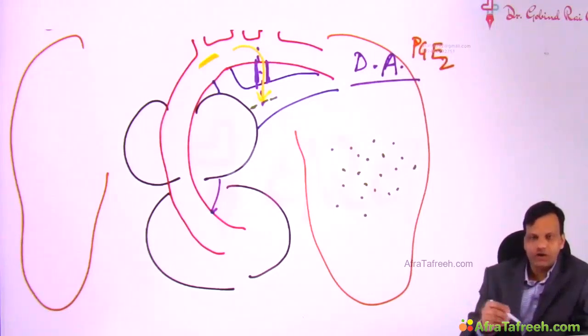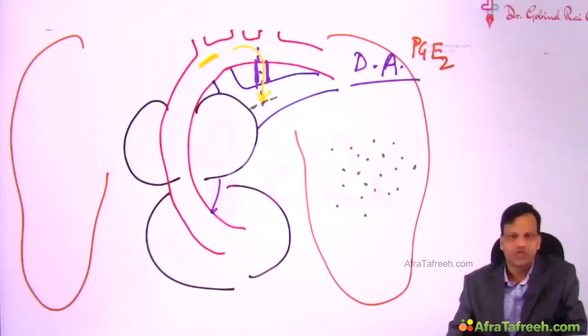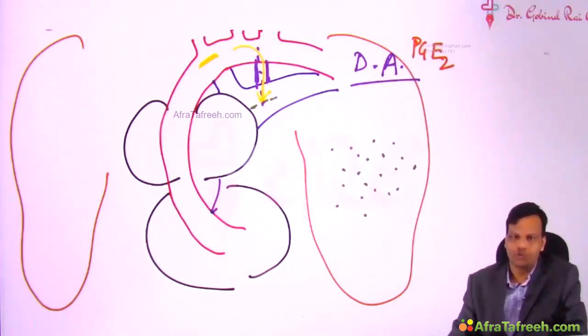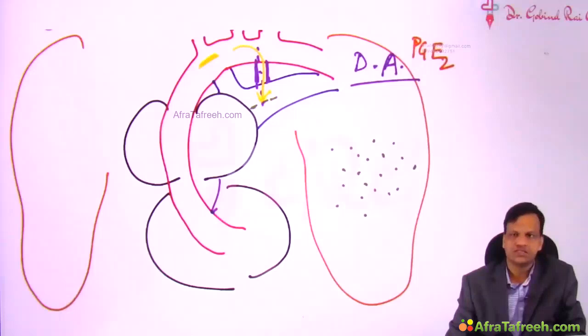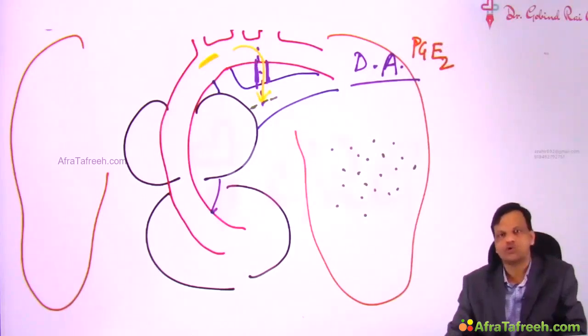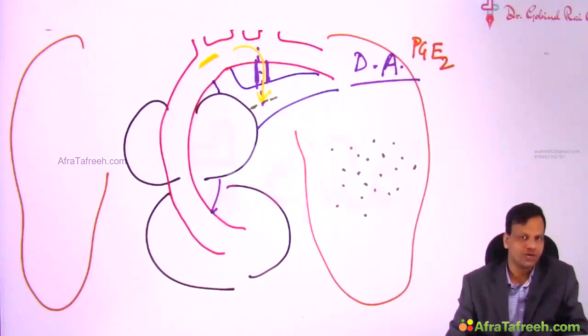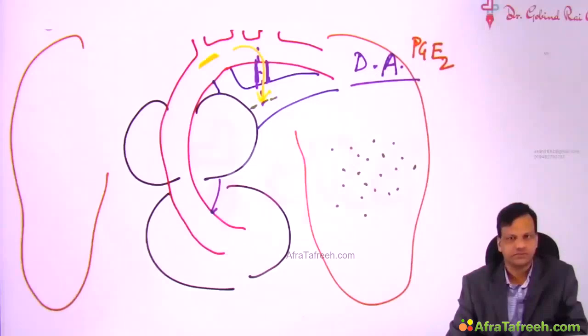Instead of going all over the body, some of the blood will come back, and that will produce the symptoms of low cardiac output. We do not want these symptoms, and physiologically the ductus closes. So that's why these symptoms do not come. We want to keep the ductus open before birth, and we want it to close after birth, and that happens because prostaglandins are produced before birth and not after birth.